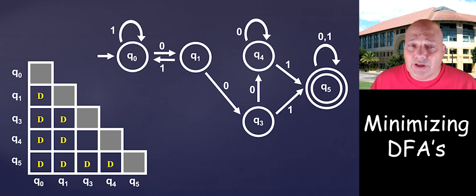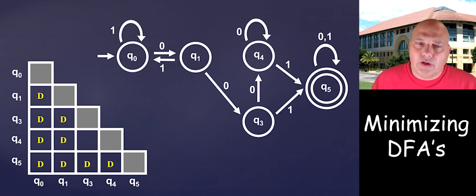We're left with Q3 and Q4, and you can verify that they are indistinguishable, meaning that when we look at just one symbol, it won't distinguish them, and because of the proof we already have, this is enough. So Q3 and Q4, if you take a 0, you reach Q4. If you take a 1 from both of them, you reach Q5. There is no way of distinguishing them.